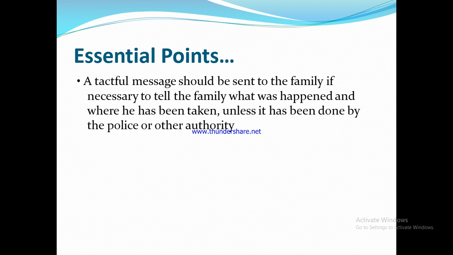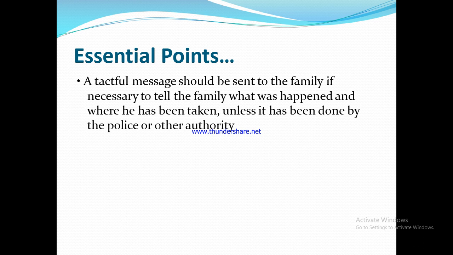It is good also to think about his relatives or friends and send them a message tactfully. They may follow up and contribute to the sooner recovery of the victim. This should be done tactfully, keeping in mind the psychology of his relatives or friends.